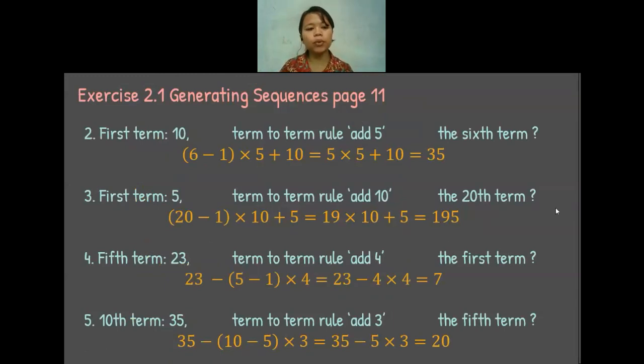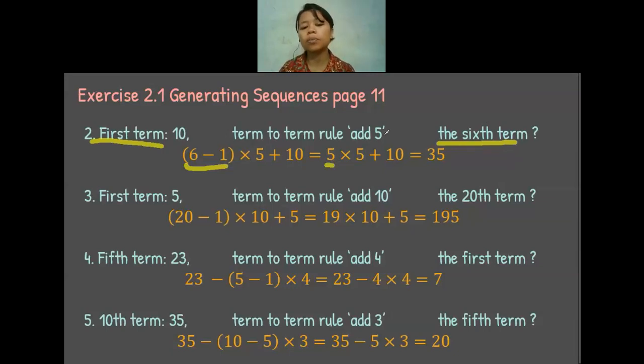Now for question 2. The first term is 10, and we have to find the sixth term. We also have the term to term rule. So we need to find the difference between the 6th and the first. That's why I do 6 minus 1 to find the difference. 6 minus 1 equals 5.